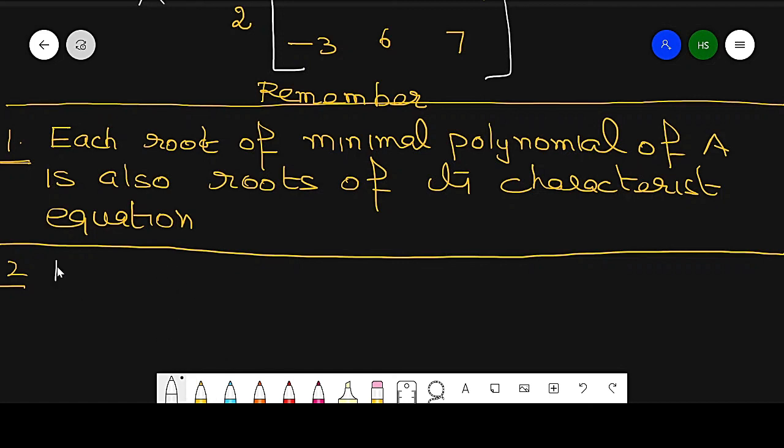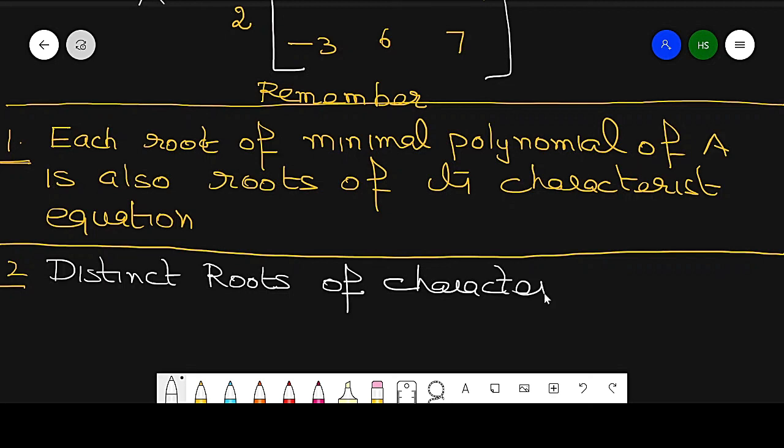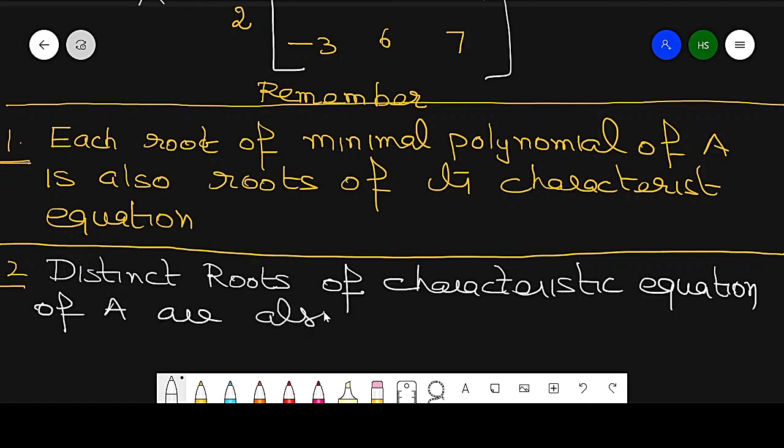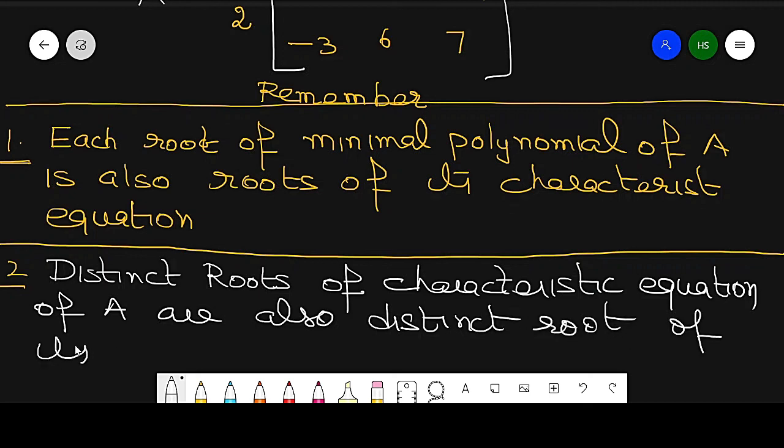That is, distinct roots of the characteristic equation of A are also distinct roots of its minimal polynomial.